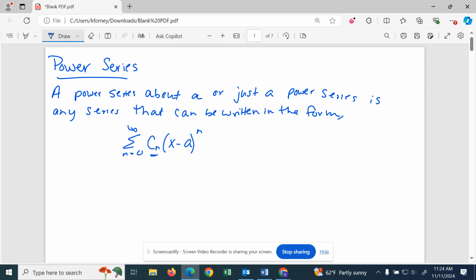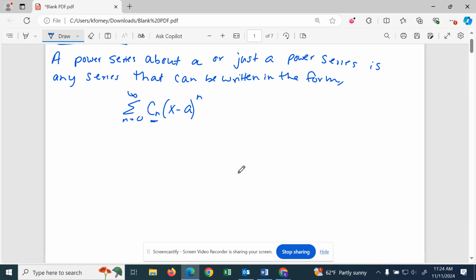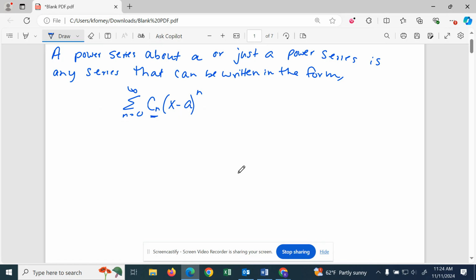So first, as we will see in our examples, we will be able to show that there is a number r so that the power series will converge for the absolute value of x minus a less than r, and it will diverge when the absolute value is greater than r. So this is called an interval of convergence.